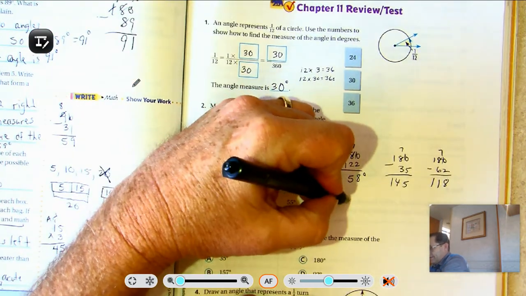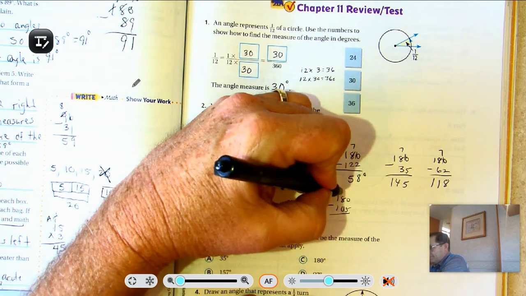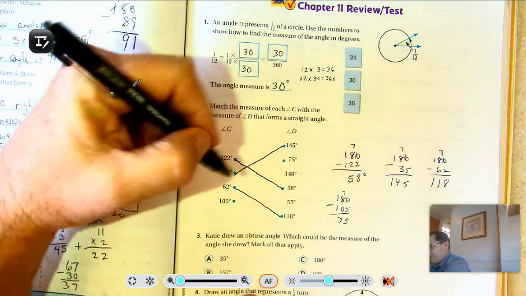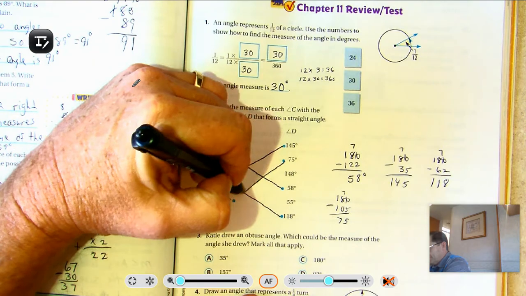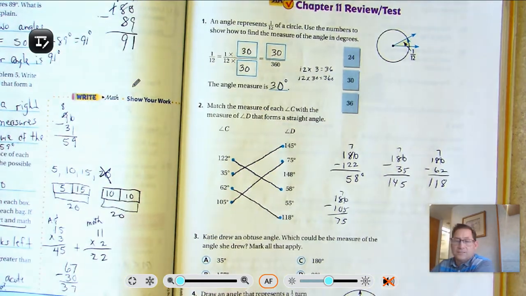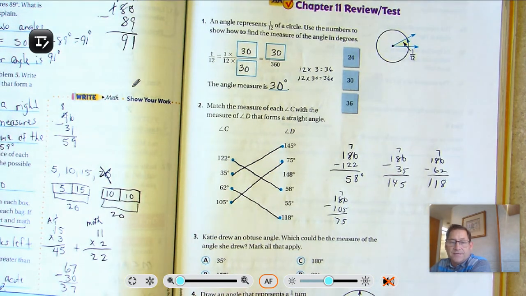And 180 take away 105 is 75 degrees. Okay, and so the only one we didn't use was 55 degrees.